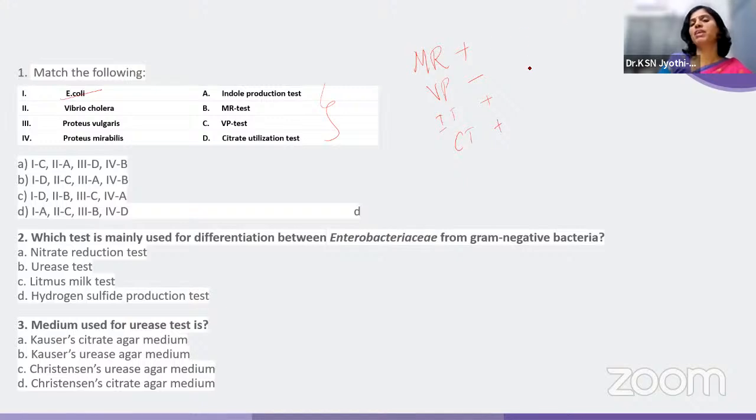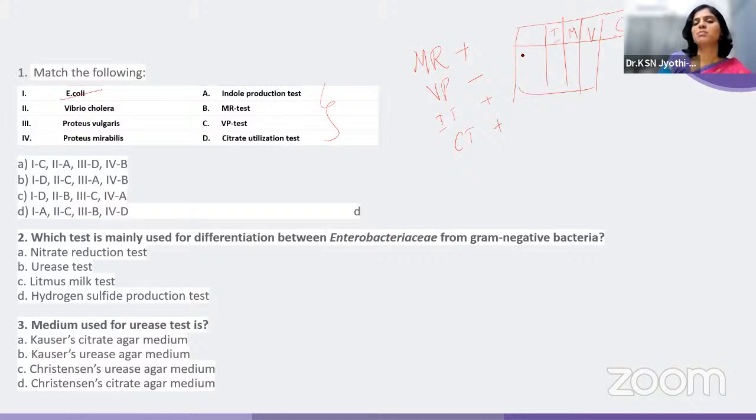Okay, whenever you are talking about microorganisms, make a tabular column like this, name of the organism and name of the test, all the 4 tests. Let's say you talk about indole test, methyl red test, Voges-Proskauer test, citrate test.